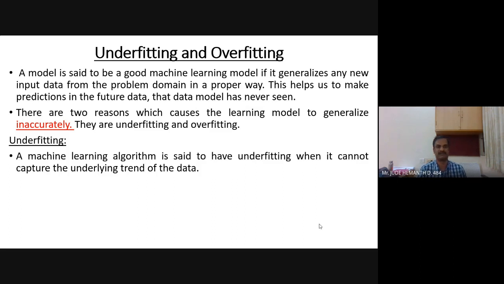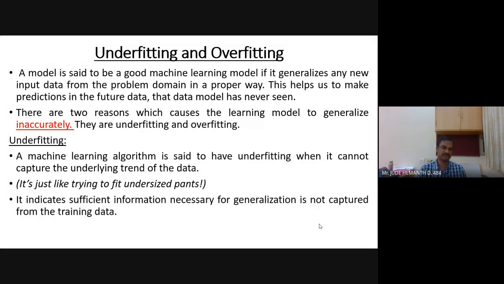How can I differentiate person A and B? But with underfitting, I am unable to capture the specific characteristic features of A and B. It is just like trying to fit undersized pants. It will never fit your legs, or if it is a shirt, it will not be possible for you.